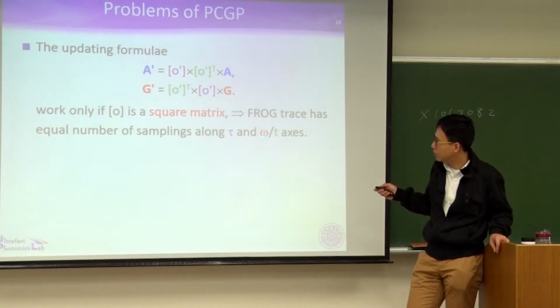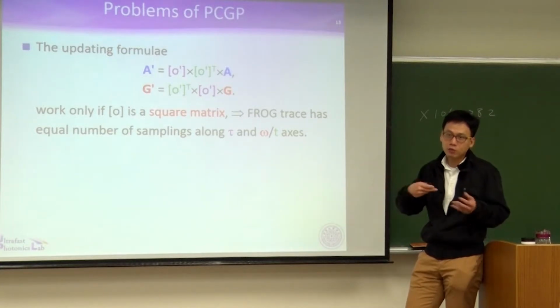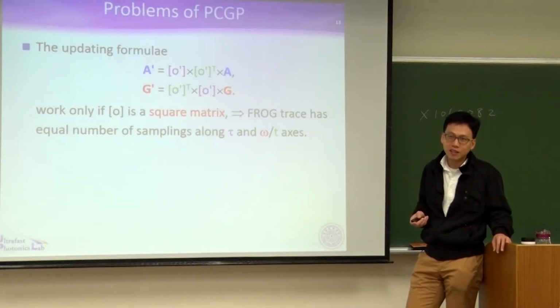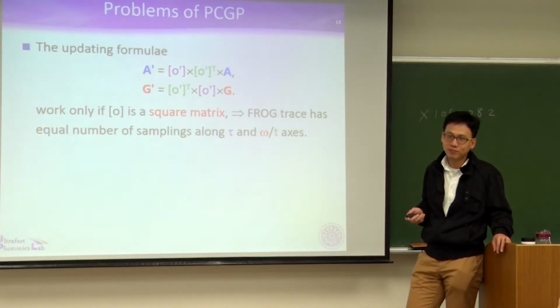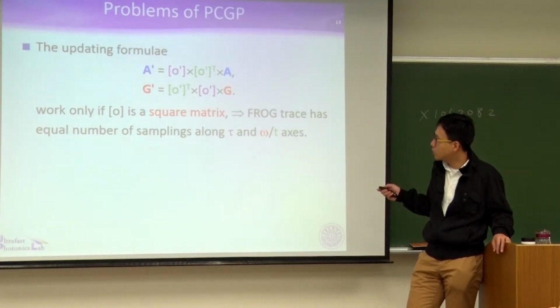And the number of sampling along the omega axis should be the same as the number of sampling along the t axis because they are a Fourier transform pair. And in practice, this could be a problem, right?